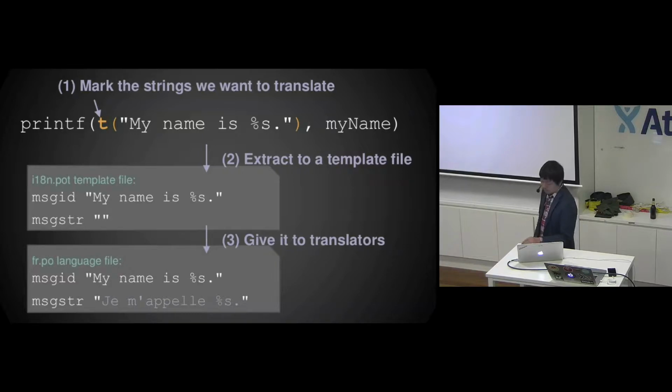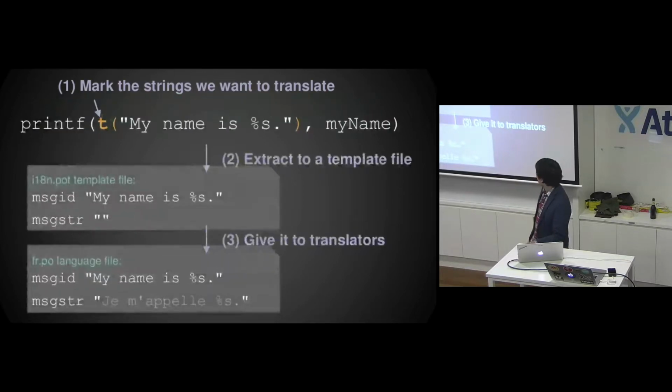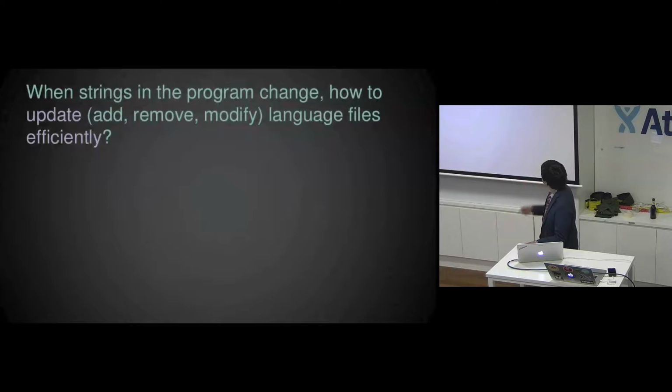Another topic related to this workflow is that we need some way to efficiently update the language files when the strings in our program change. I have some tips for you.